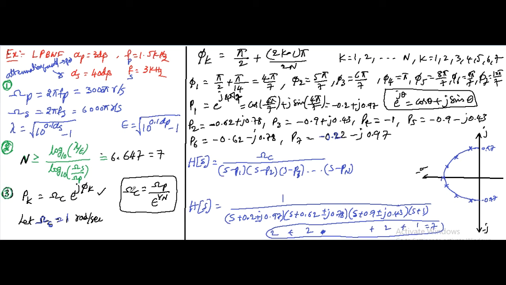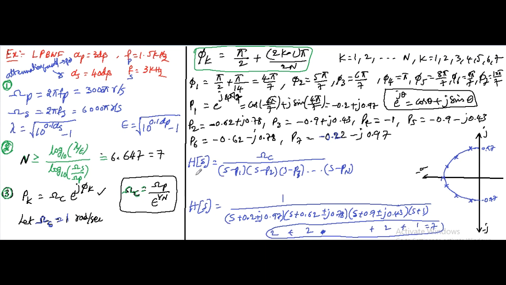Before this you have to find one more value, that is the cutoff frequency omega c, that is omega p by epsilon power 1 by n, and otherwise we can assume omega c as 1 radian per second for easy calculation purposes. So use this formula, angle phi k is equal to pi by 2 plus (2k minus 1) into pi by (2n), and in this you have to substitute k values 1, 2, 3 up to n. N is the order of the filter. So substitute those values and find out the angles and poles.